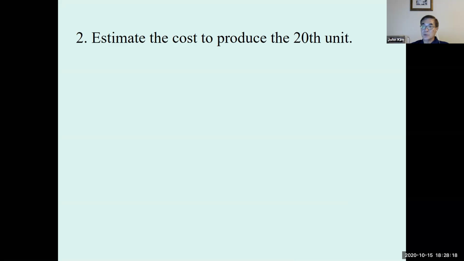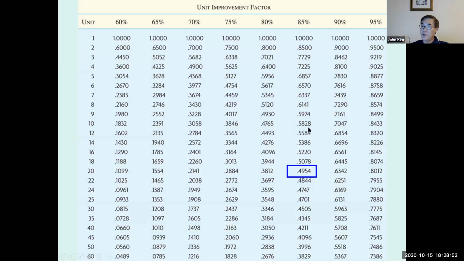Estimate the cost to produce the 20th unit. Y20th at 85% equals K times the unit factor. If we use the unit factor table, we find the unit factor at 20 from the table at 85 and 20, which is 0.4954.